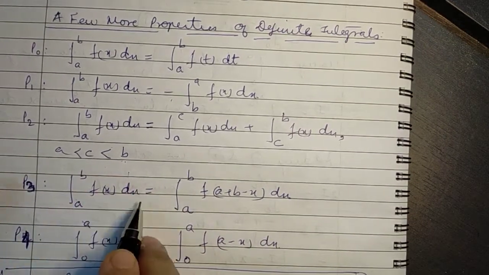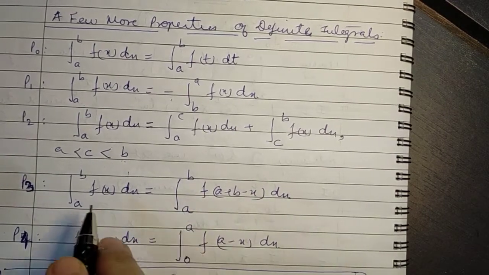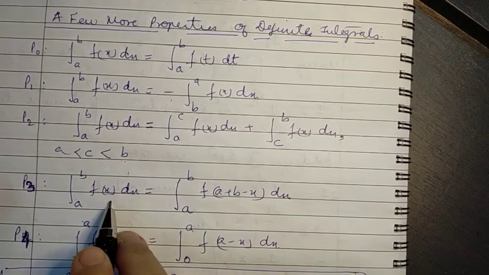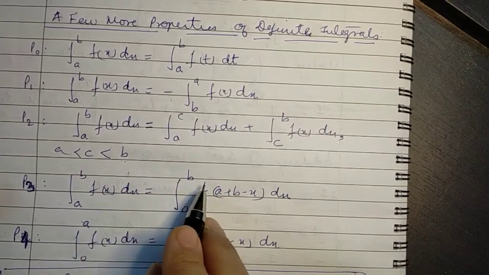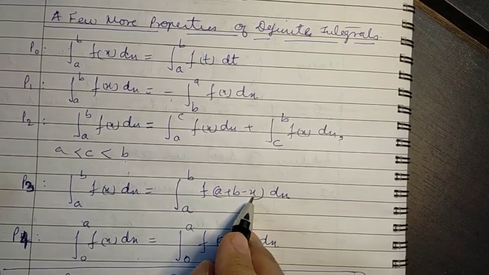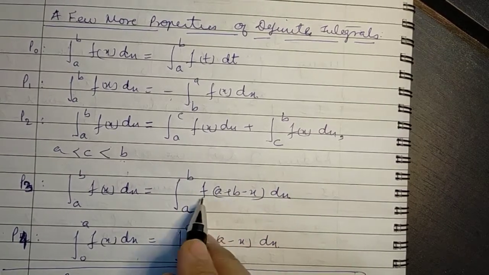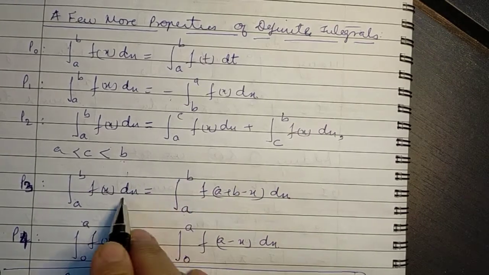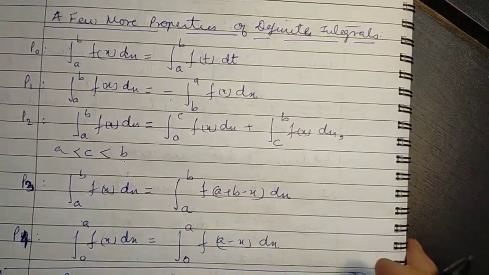The integral remains the same if the limits of integration are the same and the function is the same, but the only difference is that we have replaced x with a + b, the sum of the two limits, minus x. That is, on replacing x in the function by a + b - x, there is no change in the value of the integral.